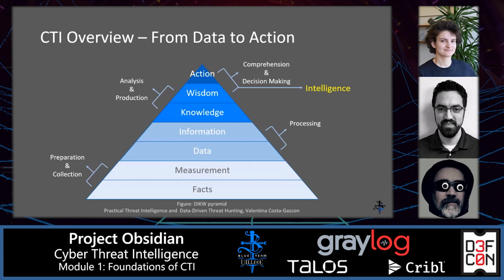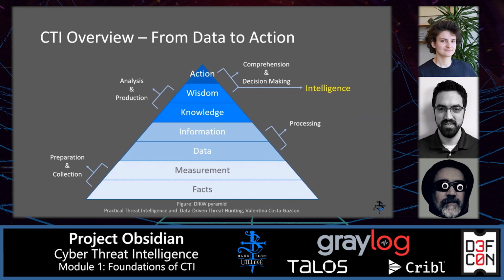Information, as we go up the pyramid here, adds a little bit more context with that piece of data. So, for example, this IP address is a C2 for this malware. So as you see, we have some information there. It's more than just an IP address. We have some context, a little bit more context around it.